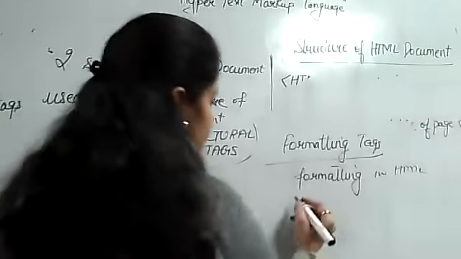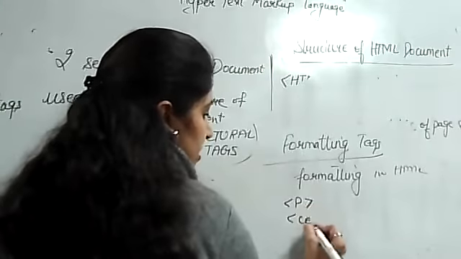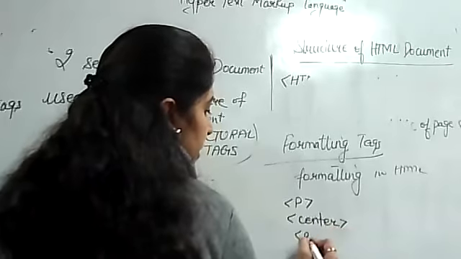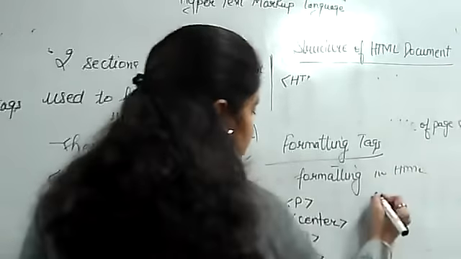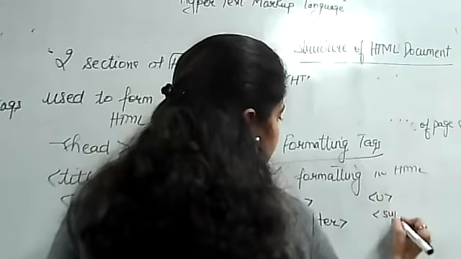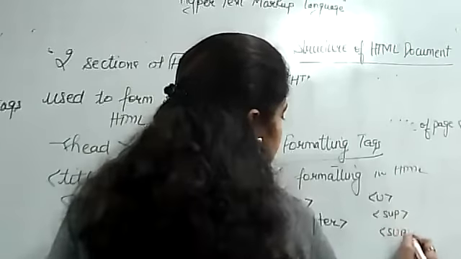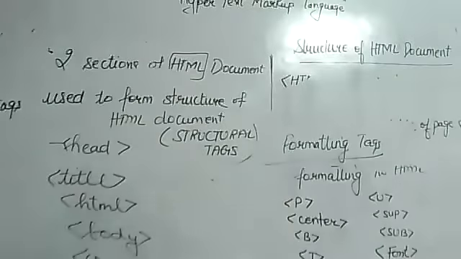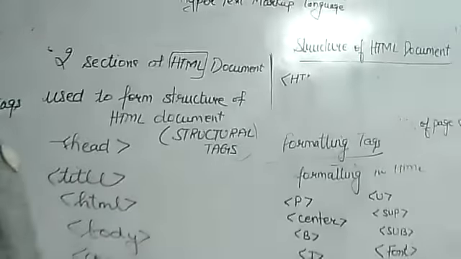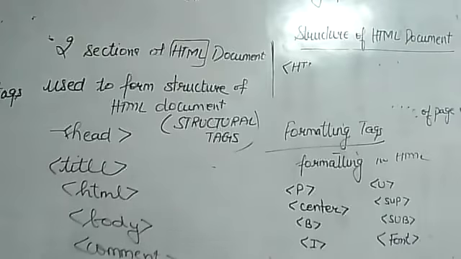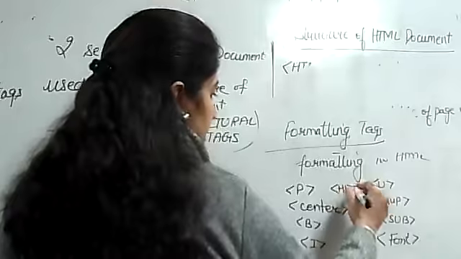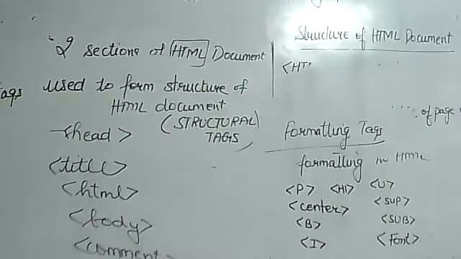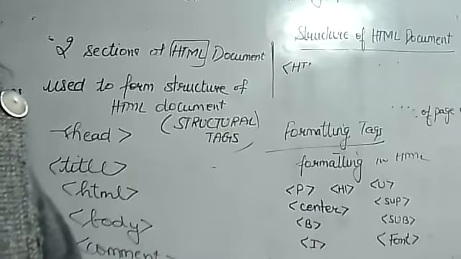Examples of formatting tags: P, center, B, I, U, SUP, SUB, font, H1. So all these are the tags which are used for giving the formatting. All right, so these are called the formatting tags.